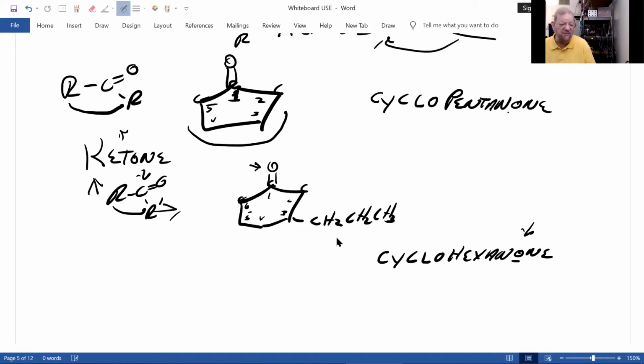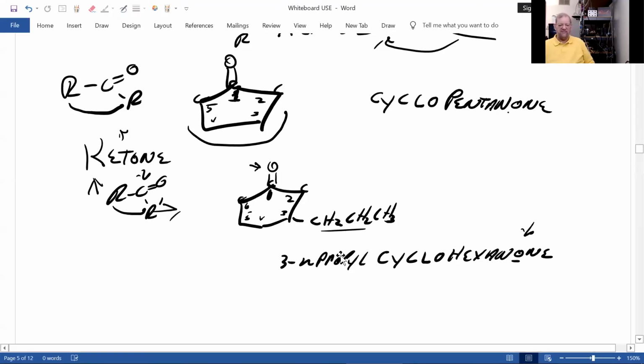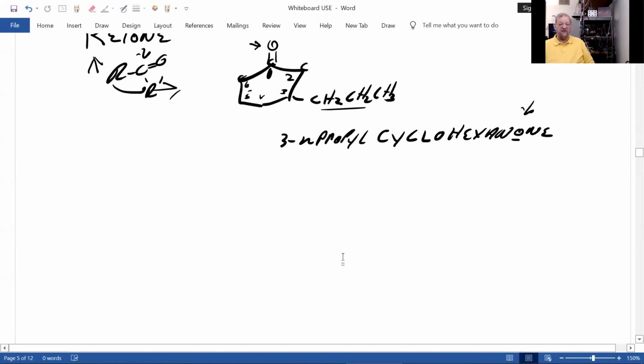This is always number 1, and you don't need a number. Therefore, this is 2, this is 3. N-propyl. And that's 3-N-propyl cyclohexanone. And that's how you do cyclic ketones.